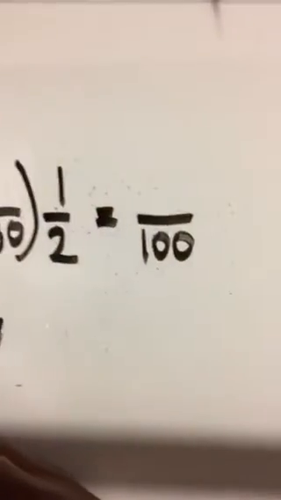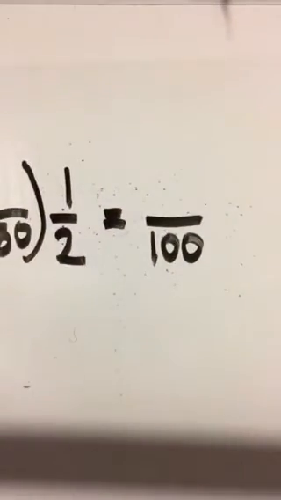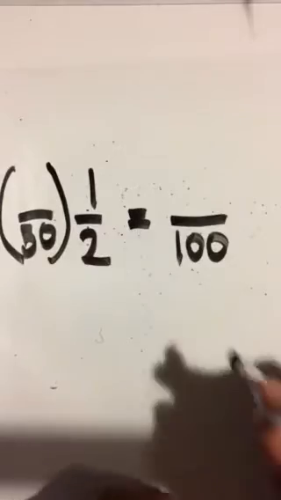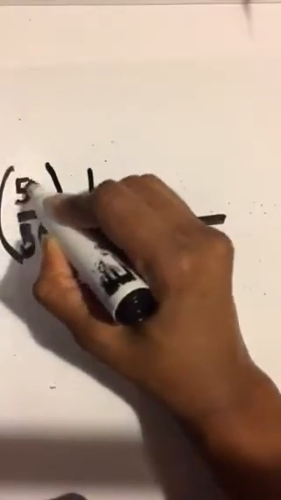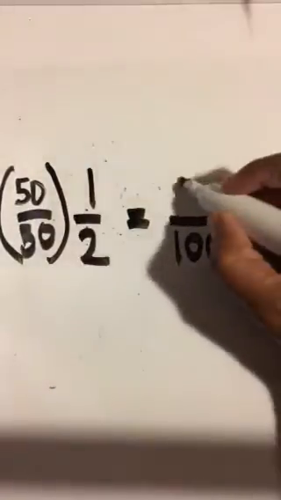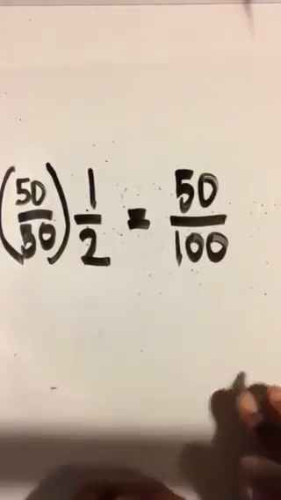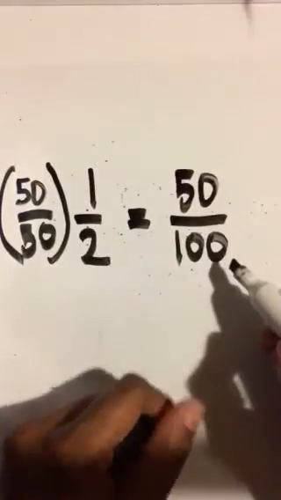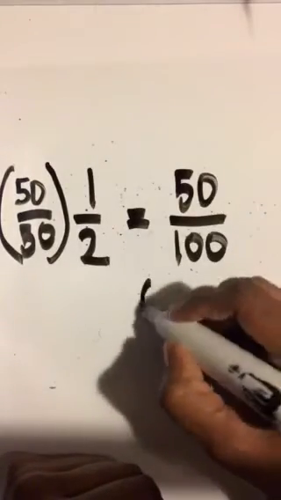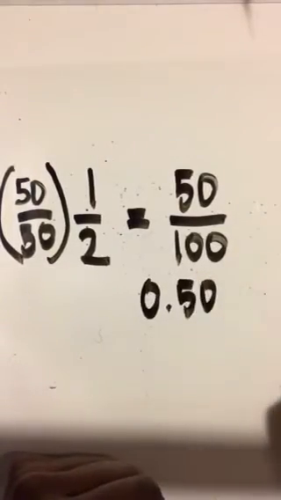And whatever I do to the denominator, I have to do to the numerator. So 50 times 1 is 50, which means that 1/2 is equivalent to 50 hundredths. And for the tenths and the hundredths, I just say the fraction and write the decimal, 50 hundredths.